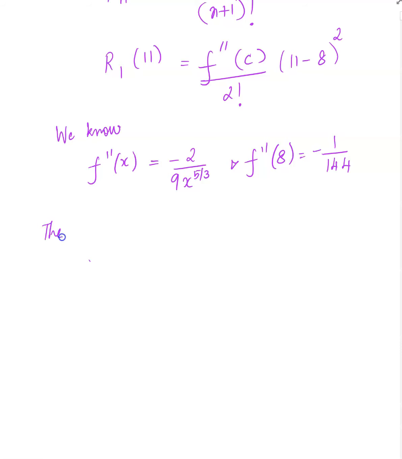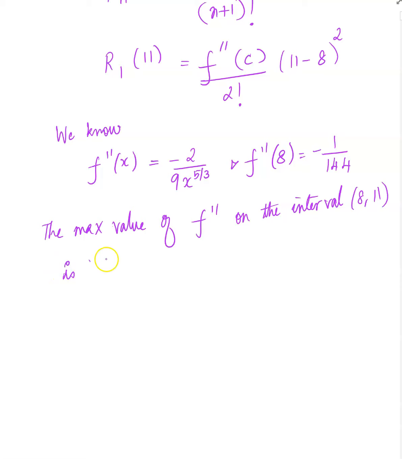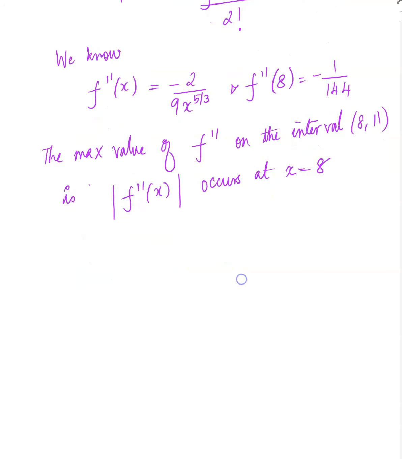So I'll say the maximum value of f double prime on the interval, we know the interval is 8 to 11, is the absolute value of f double prime of x, and that occurs at x equals 8. We use the information that f double prime of 8 is negative 1 over 144, but when you take the absolute value, it becomes positive 1 over 144.